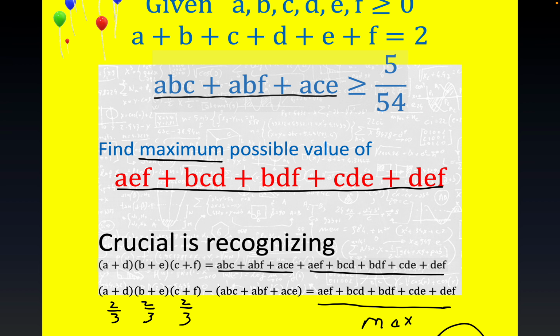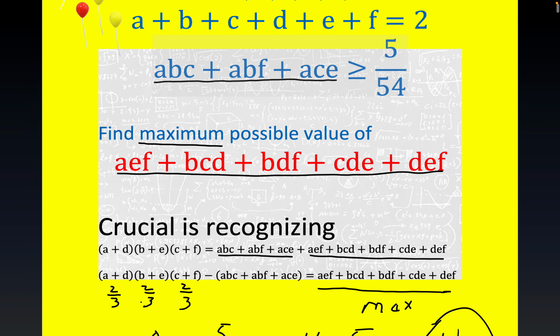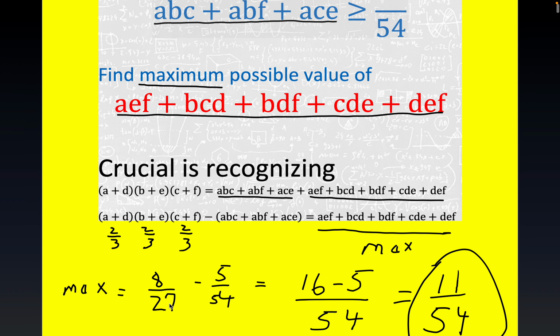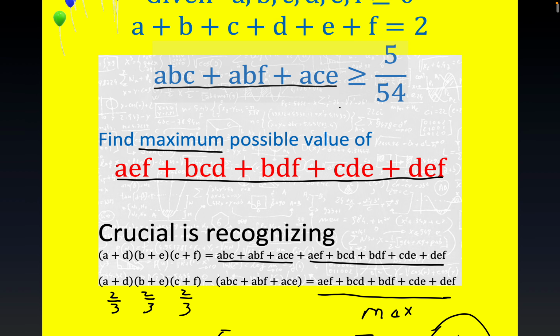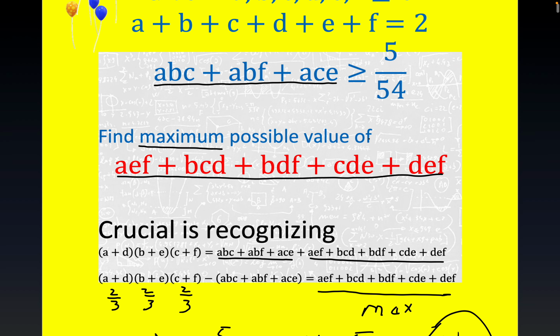I think that's more or less arithmetic mean, geometric mean stuff going on right there. So you just multiply this stuff out, you get 8 over 27, and this is as big as it can be at 5 over 54, right?